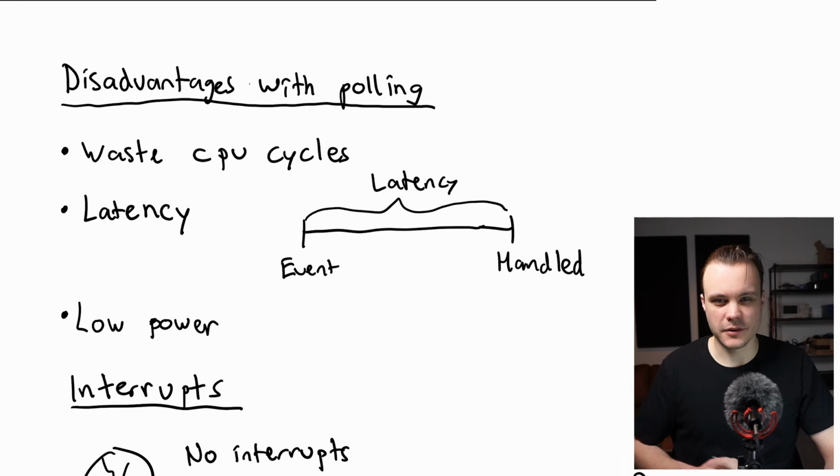And if we are going to be reacting to events through the means of polling, that means the microcontroller has to be up and running all the time, and that's going to consume current and reduce the battery life of these devices. So these are some of the disadvantages with polling. You can probably come up with more disadvantages, but it's safe to say that polling is not a very good approach to solving the problem of having the microcontroller or the CPU react to external events.